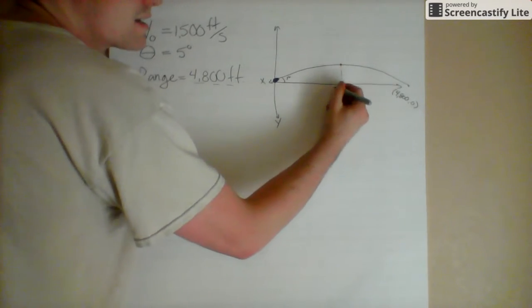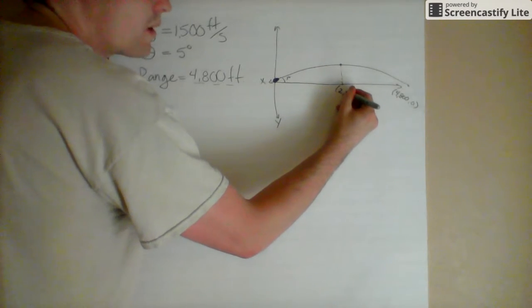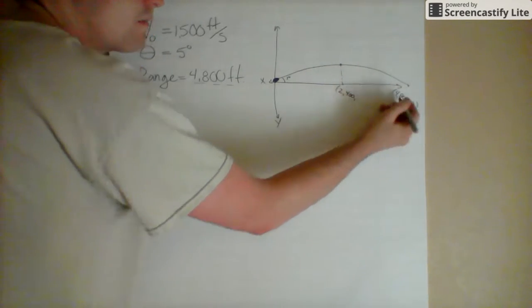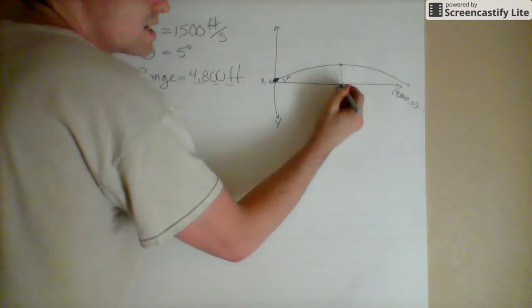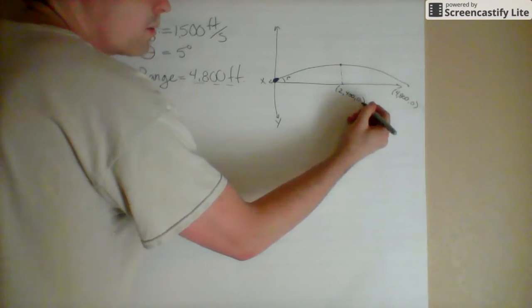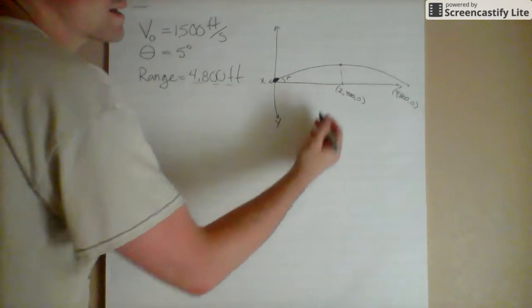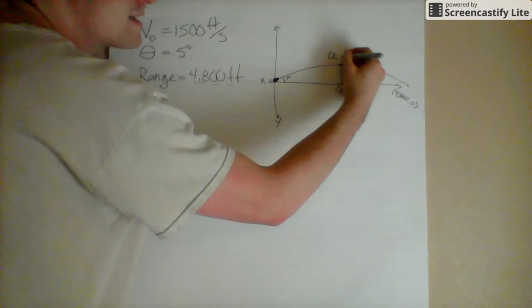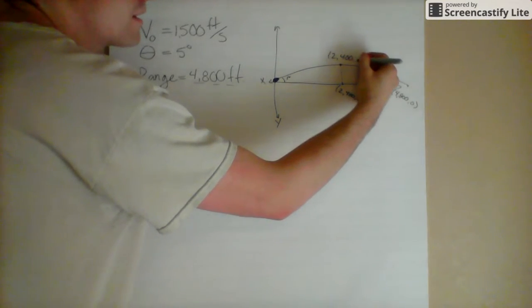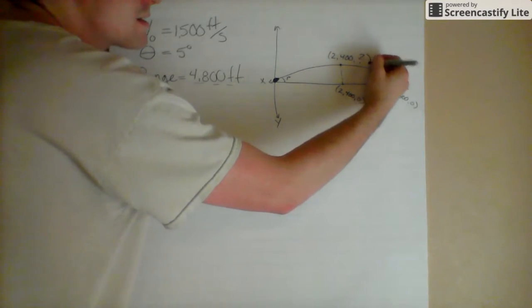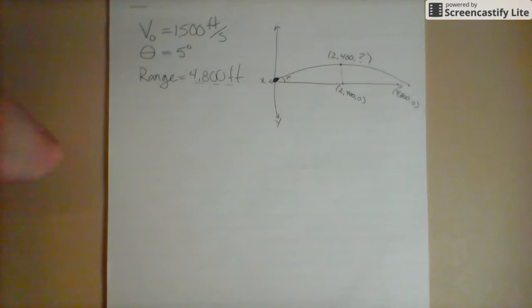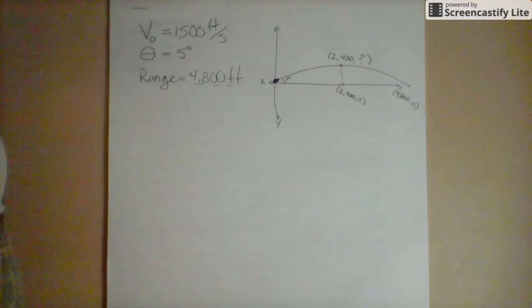So right here it's going to be exactly half, or 2,400 of 4,800. This point right here is going to have a value of 0, but we don't want this point, we want the vertex. The vertex is going to have that same x value, 2,400, but we're not really sure what the y value is going to be. We weren't given that information, so we're going to have to use some strategies to figure it out.